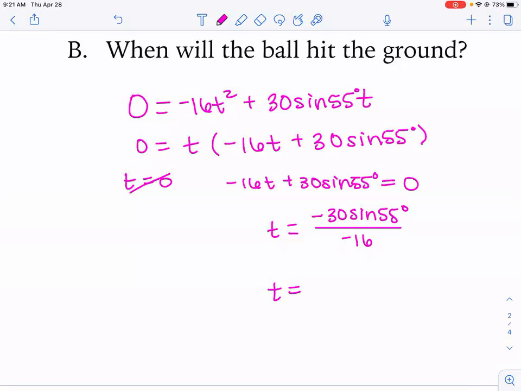This is when you use your calculator. Did you put 30 sine of 55?